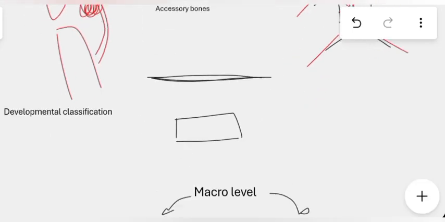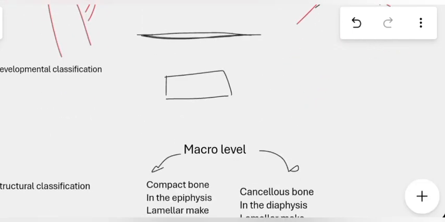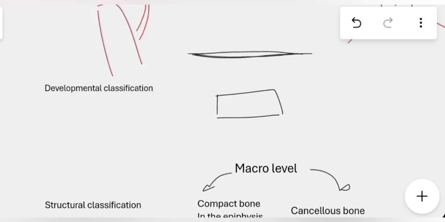Now moving on to another classification, the developmental classification. The developmental classification is where the bones developed from. On the basis of that we divide bones. If they were derived from a membrane, that membrane got calcified, they are known as membranous bones or dermal bones.